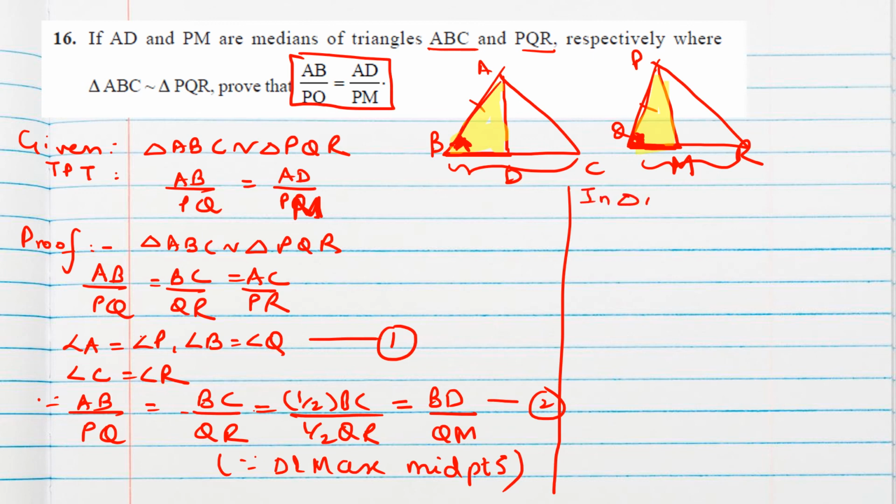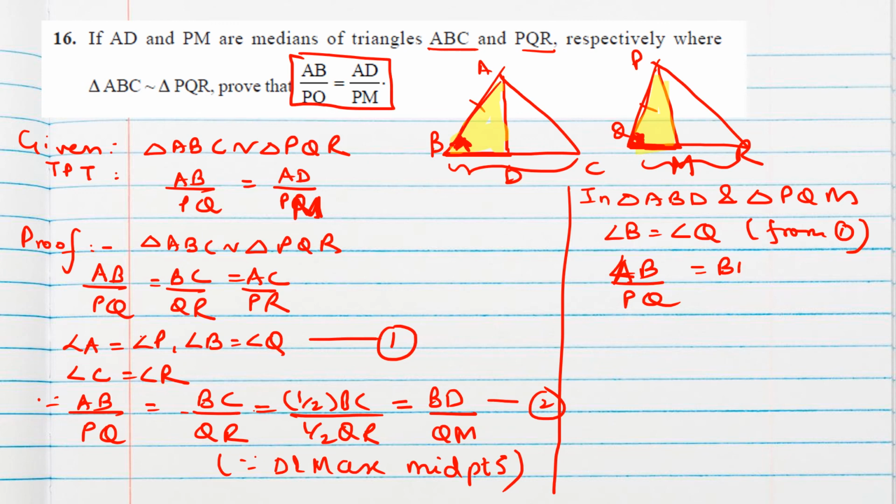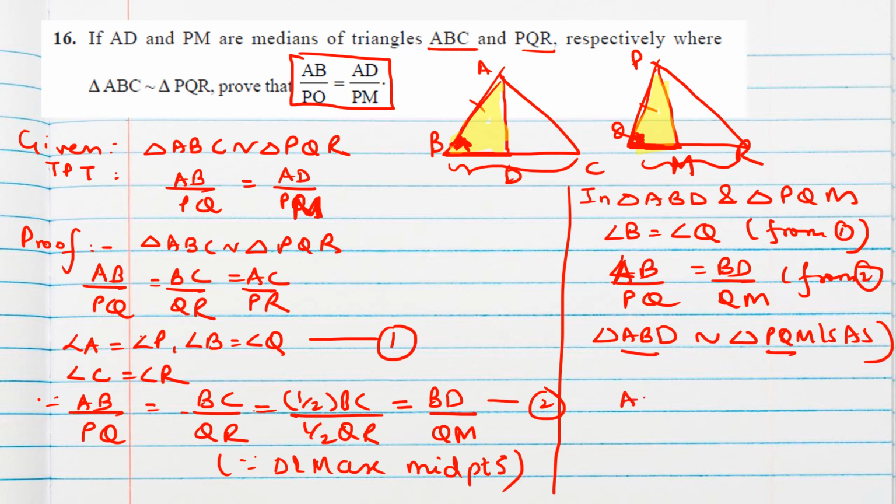So in triangle ABD and PQM, angle B and angle Q from 1, AB by PQ equals BD by QM from 2. So both these triangles will be similar by SAS criteria. Now if they are similar, we can write AB by PQ, their corresponding parts of similar triangles, and AD by PM by CPST, hence proved.